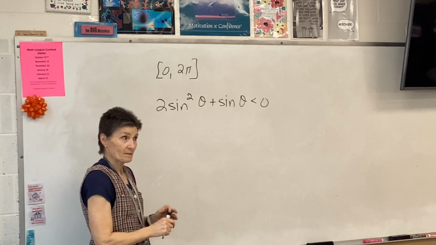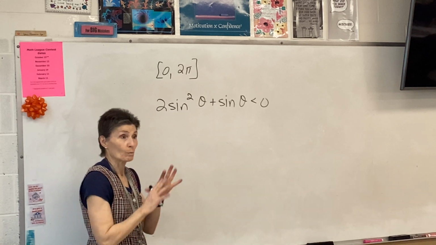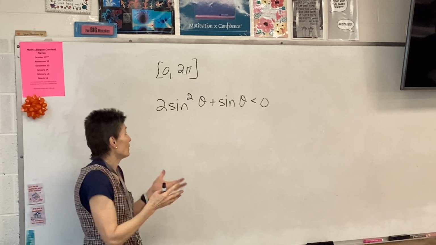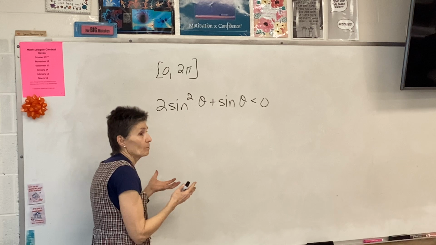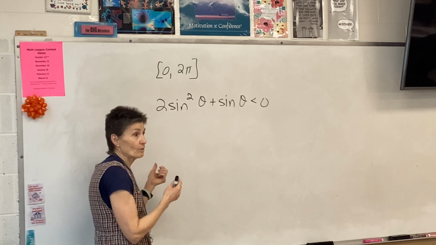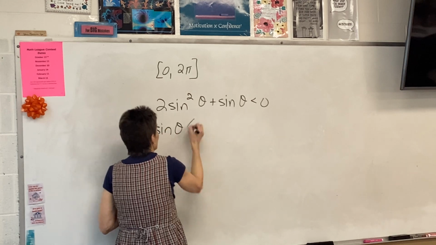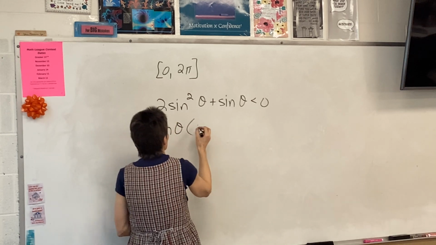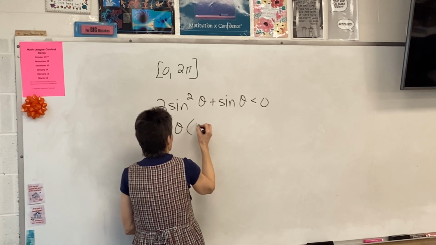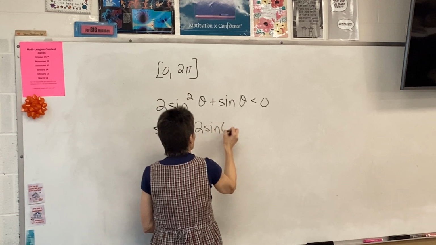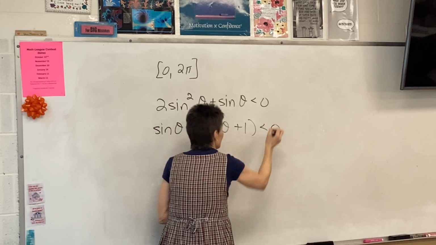All right, now we solved some of these last time that were equals. So you know exactly how to start. What are we going to do to start? We're going to have to factor out a sine. So we have sine, and then we'll be left with what? 2 sine plus 1.